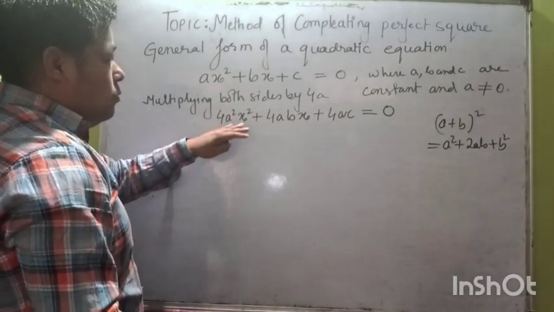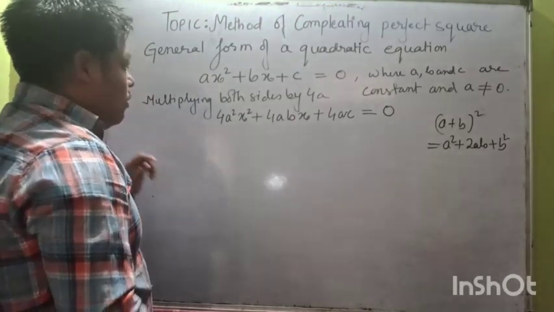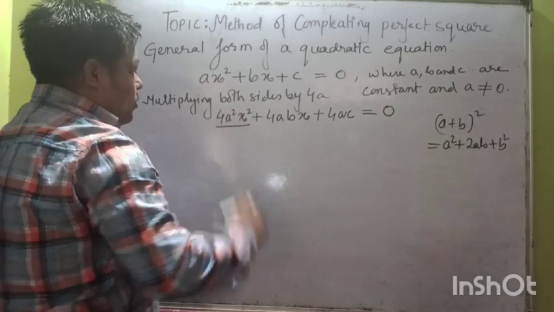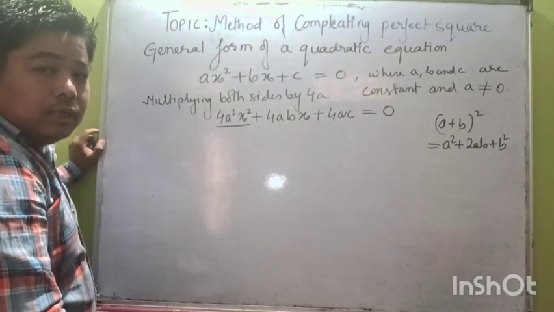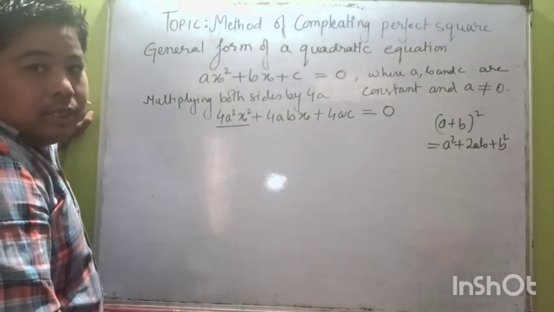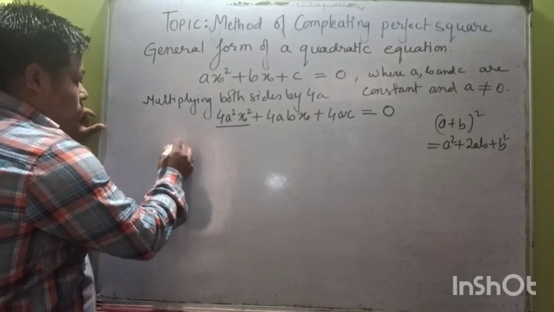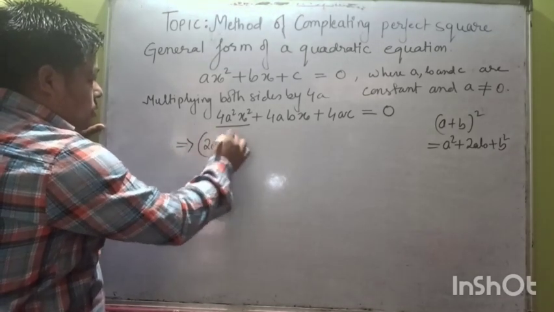That means from here we need to extract our a square. Now if you look at the first term, 4a square x square is already a perfect square, so it can be put in the form of a square. So let me put this as 2ax whole square.